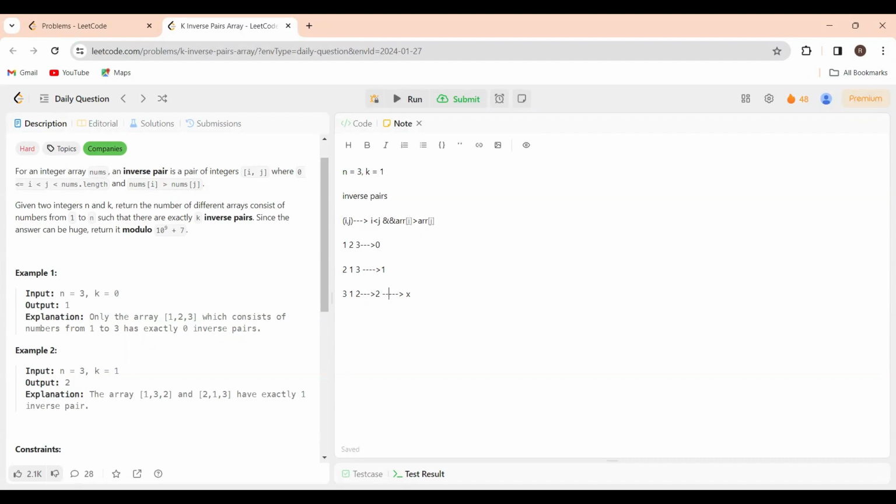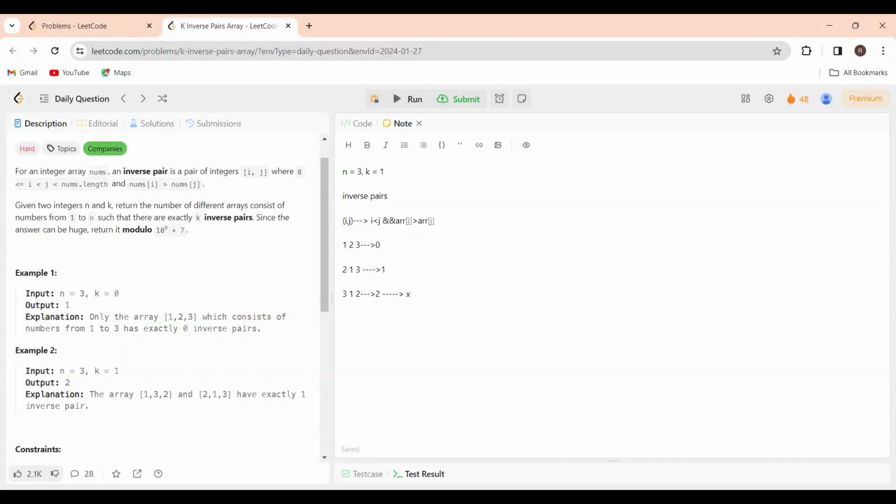So what we are doing here is we keep on increasing our starting element and checking how many pairs it can make.